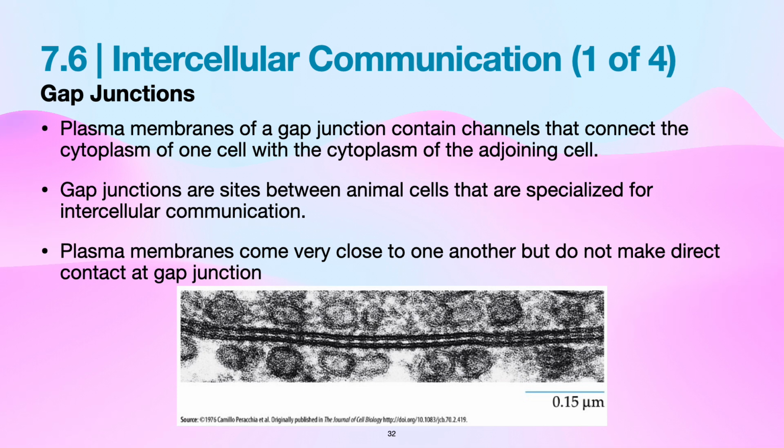It resembles a pipeline between the two cells that are seen as electron dense beads on their opposed plasma membranes. So, gap junctions, again, remember, are the sites between animal cells that are specialized for intercellular communication. These cell membranes come very close to one another, but they do not make direct contact at the gap junctions.